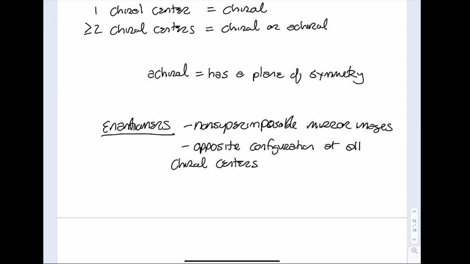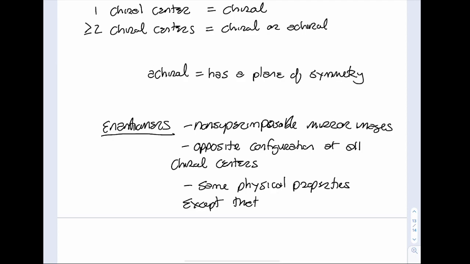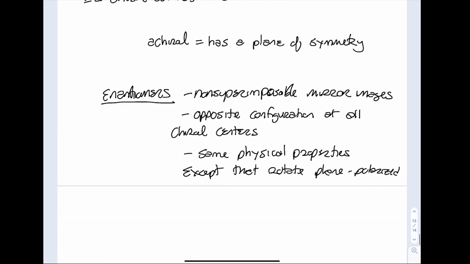And then from a physical property standpoint, they had the same physical properties, except that they rotate plane polarized light, so light that's all lined up in one direction. You should say in one plane, right? It's actually going in 2 directions, in opposite directions.